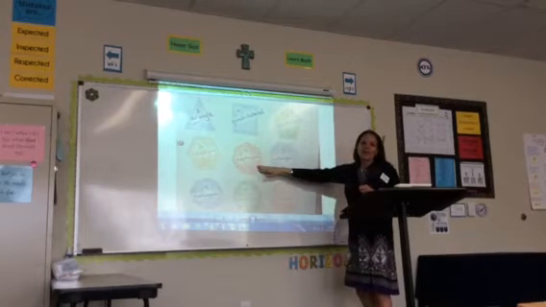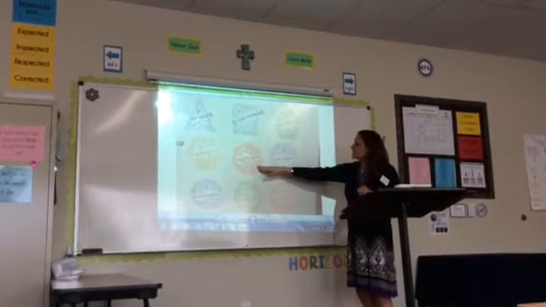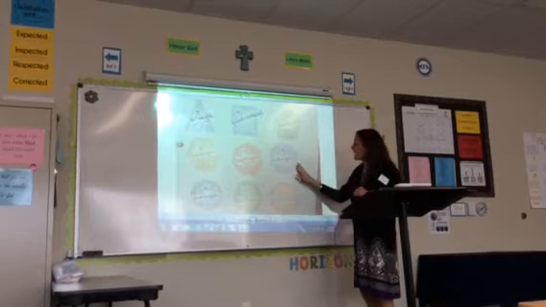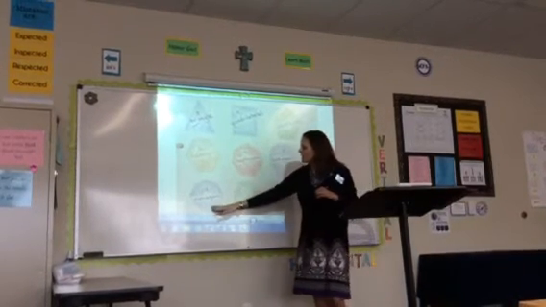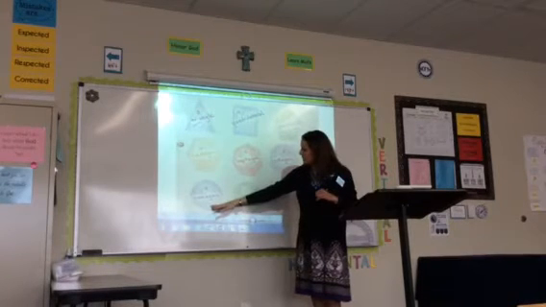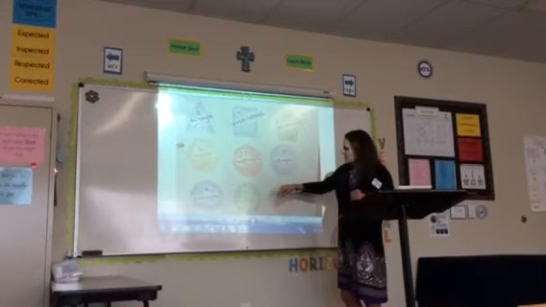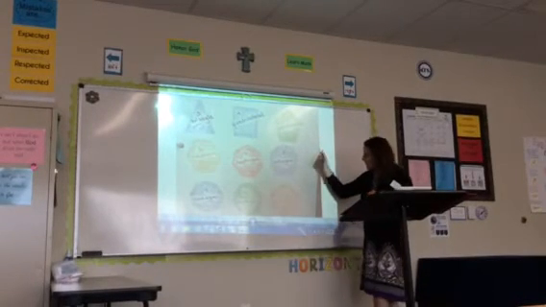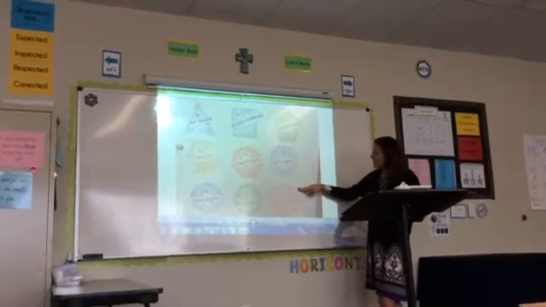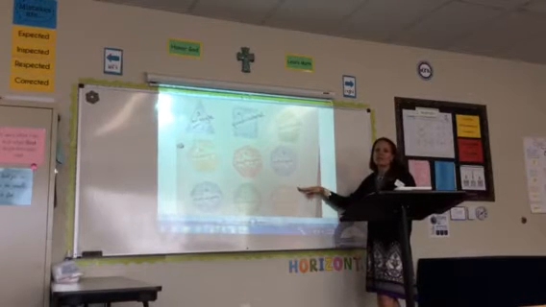A heptagon has seven sides. An octagon has eight. Nonagon is a nine-sided figure. Decagon is our 10-sided figure. And the last one that we have here is a dodecagon, and that's 12 sides.